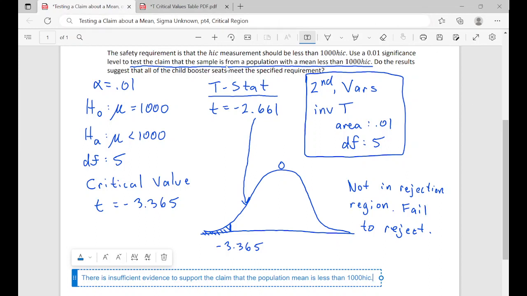So we've tested the claim and we found that it's insufficient evidence. Now there's a second part to it, so you have to be careful of that. Do the results suggest that all of the child booster seats meet the specified requirements?